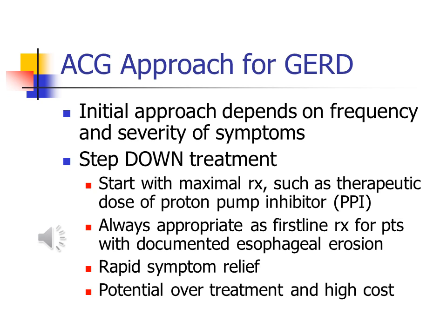It's always appropriate as first-line therapy for patients with documented esophageal erosion, and it usually provides rapid symptom relief. However, if we did this with every patient, even the non-severe cases, we would potentially be over-treating patients and exposing them to high drug costs. So it's important to, again, base your initial treatment style on severity and frequency of symptoms.